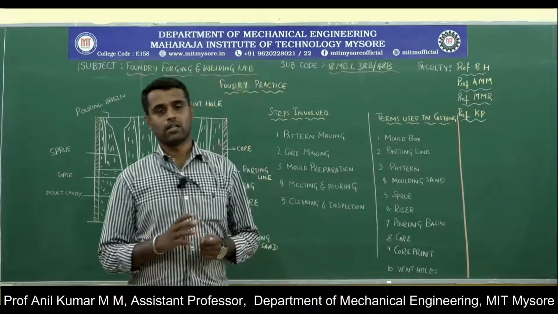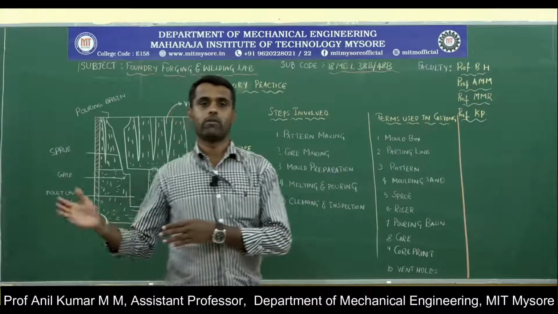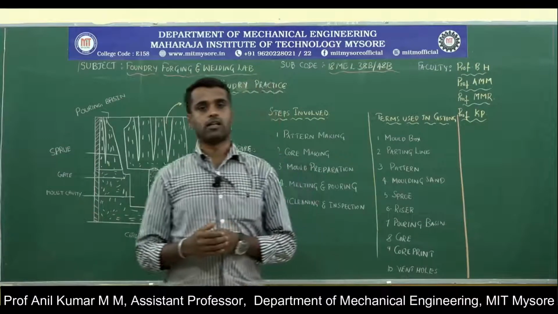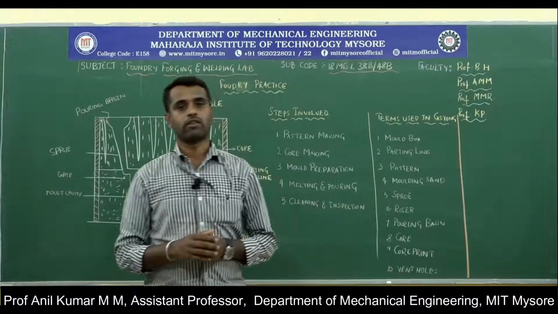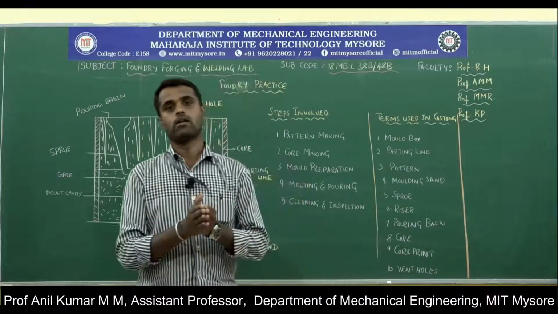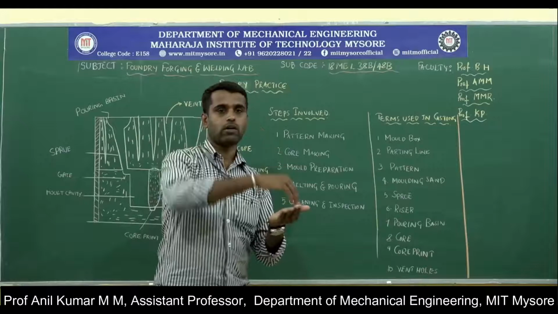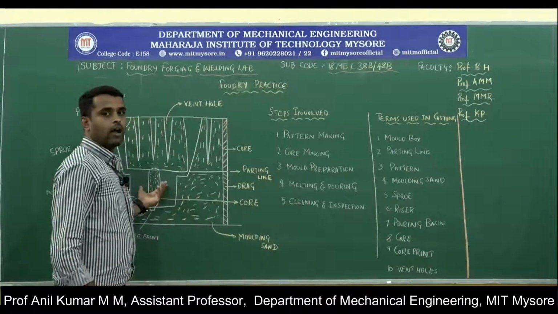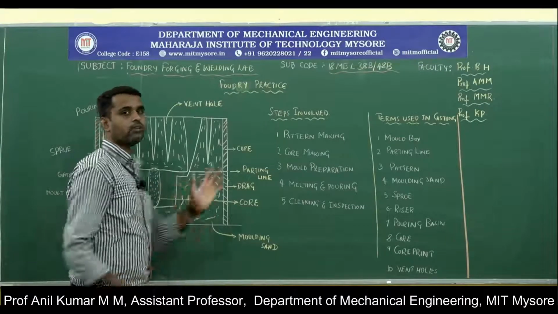Casting is melting the metal in a furnace. If you are going to prepare a steel casting, you have to melt the steel material in a furnace, or if you are producing non-ferrous castings, you have to melt the non-ferrous material in a furnace. Then that molten metal is transferred into the mold cavity and allowed to solidify, changing state from liquid to solid.